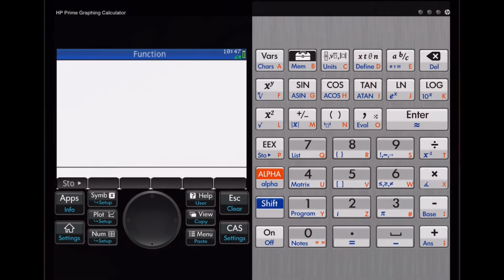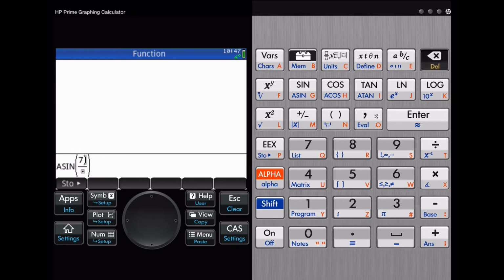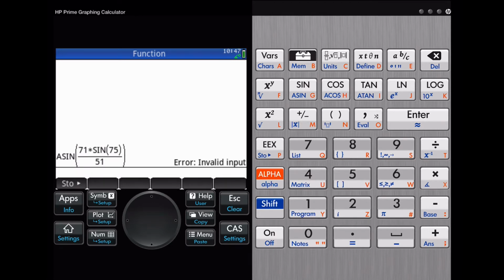Now go to your calculator. Make sure you're in degrees. Sine inverse is arc sine, so let's type that in. And let's plop it in. 71 sine 75 over 51. We get error.